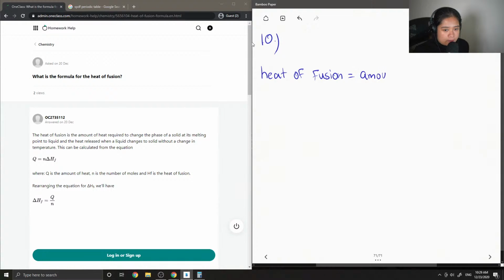This is the amount of heat needed to convert a solid to liquid at constant pressure.